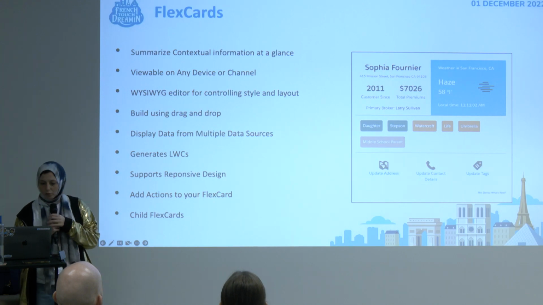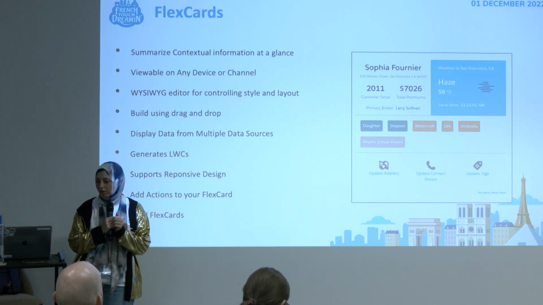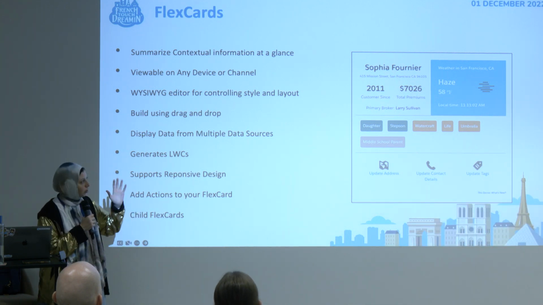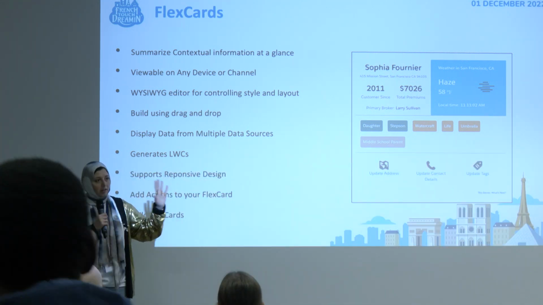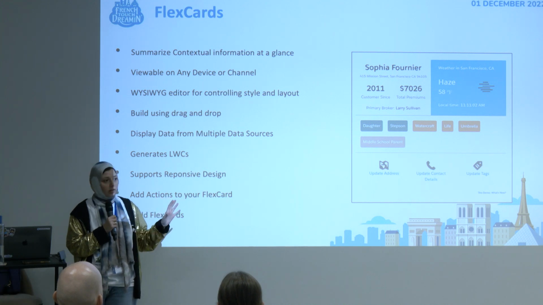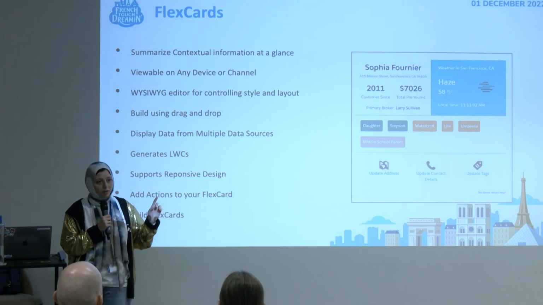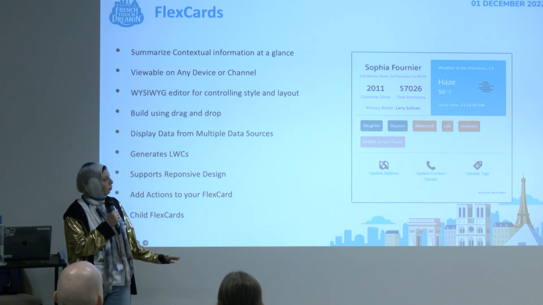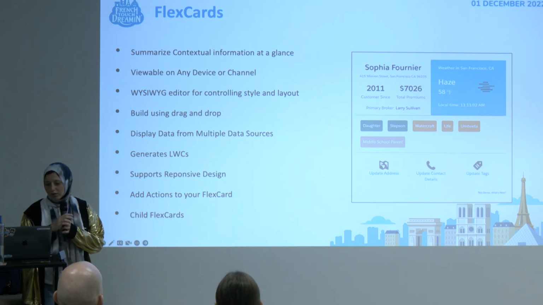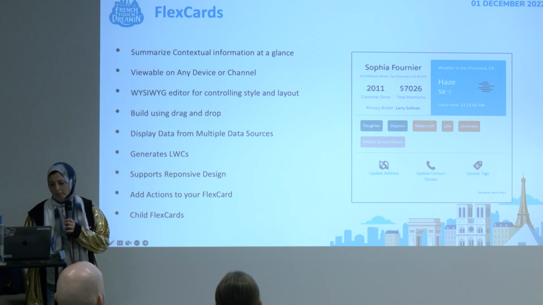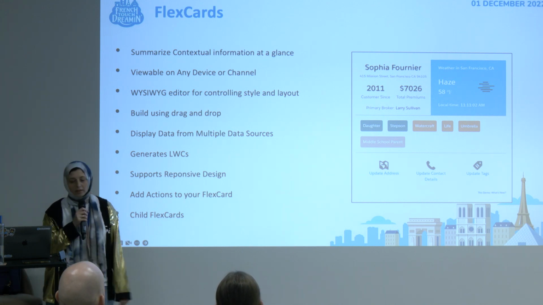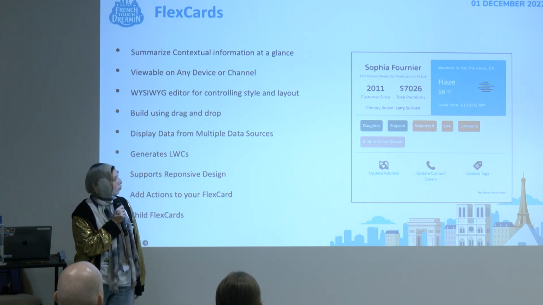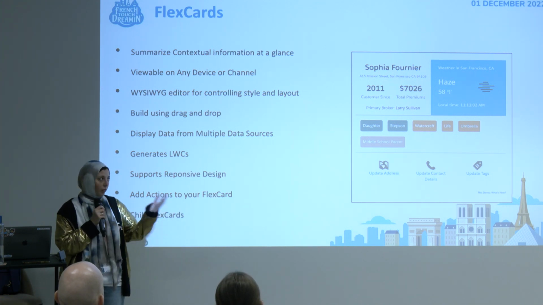So now the first thing we want to talk about is Flexcards. As the name suggests, it's a card. It's displaying information. It has a very nice UI, and most importantly, it's done without any code. In terms of the data source for this Flexcard, it can be multiple data sources, from Salesforce or from outside of Salesforce.